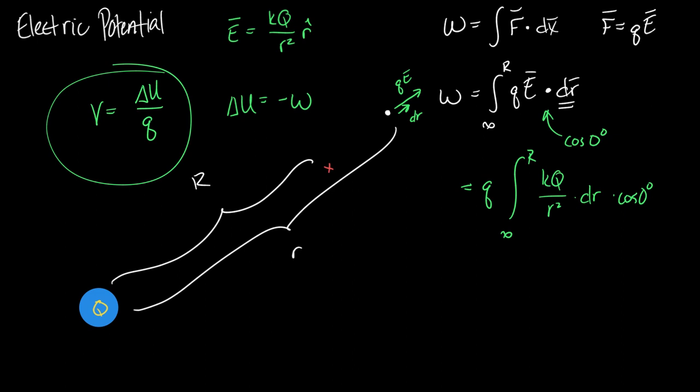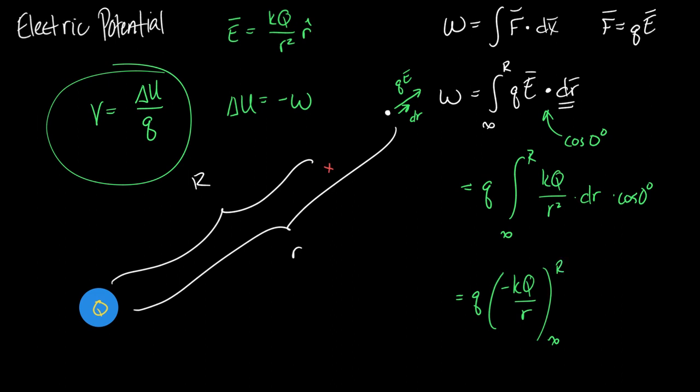We know the result of this integral, but just to be expedient, it's going to be KQ over R with a negative sign that we get due to the antiderivative property, evaluated from infinity to R.